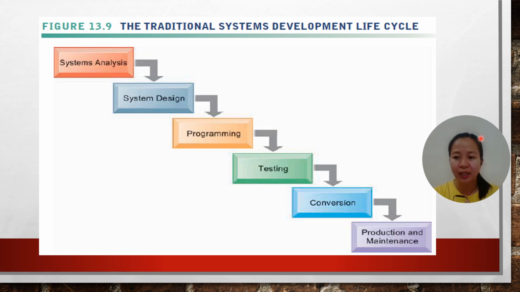The system life cycle is used for large projects that need formal specifications and tight management control over each stage of systems building. So first, system analysis. Then, after the system analysis is finished, only then does the system design begin. Then the programming, the testing, conversion, and production and maintenance.